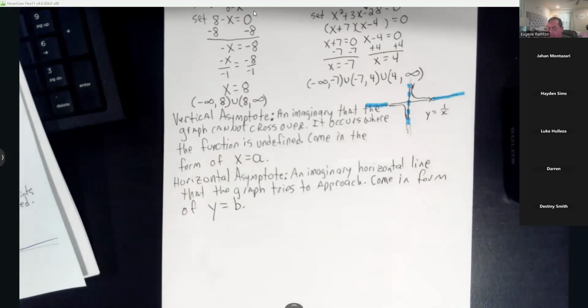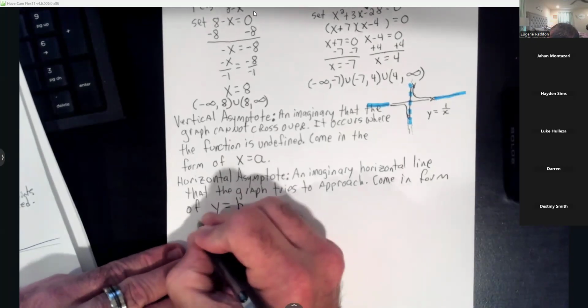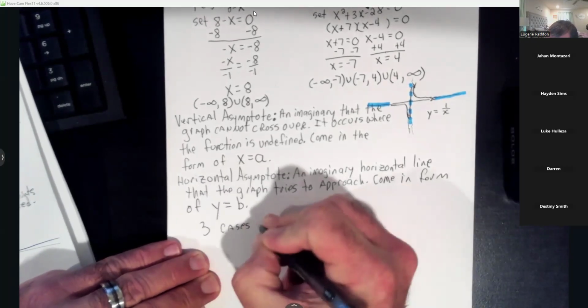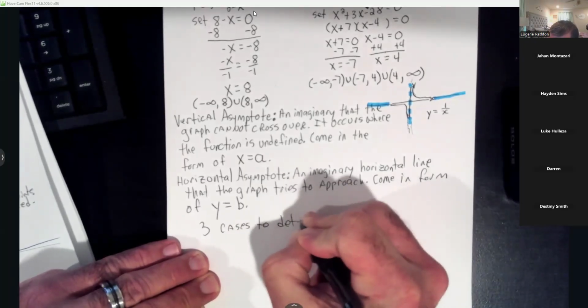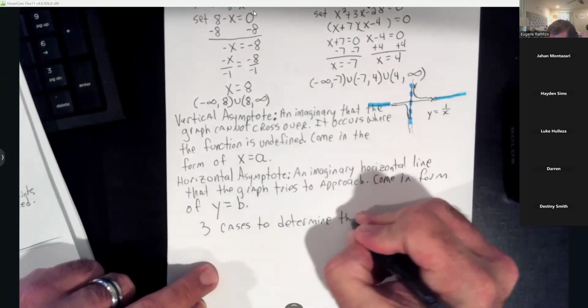Now, there are three cases to determine the horizontal asymptote.